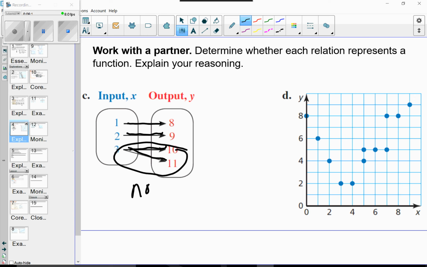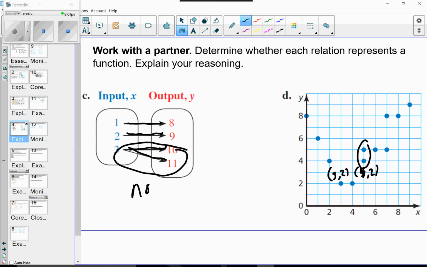If we look at this one, again, I've got 0, 8, 1, 6, 2, 4, 3, 2, 3, 4. Well, there's a problem here because 3, 2 and 3, or excuse me, not 3, but 4, 2. That's good. So far that's okay. But as we progress, you're going to see there's a problem right here.